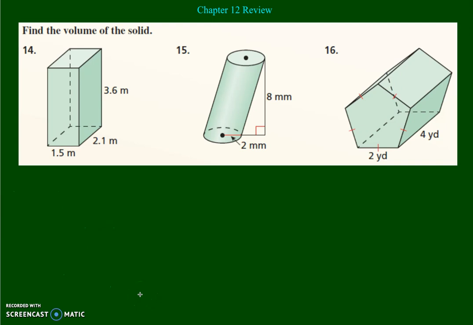In problem 16, we're going to have a little bit of extra work here. This is a regular pentagonal prism, and you can see that the bases are regular pentagons. We have a length of 4, or a height of the prism, if you will, and they give us only the side length.